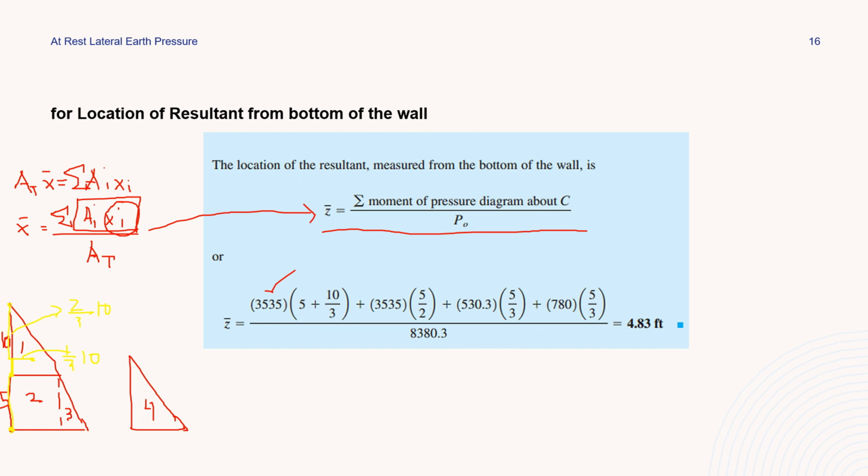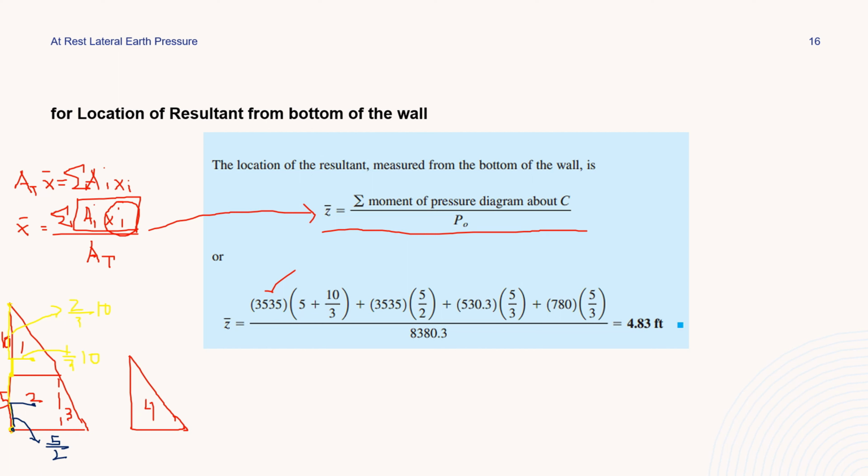So 5 plus 10 over 3. For area 2, the centroid is at the center since it is a rectangle, so the distance is 5 over 2.